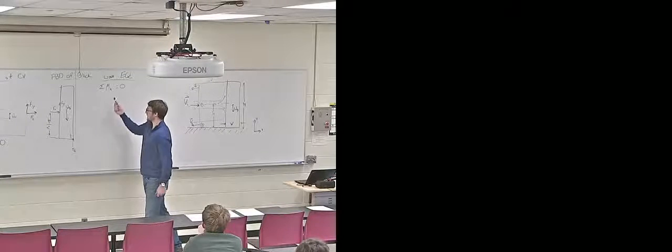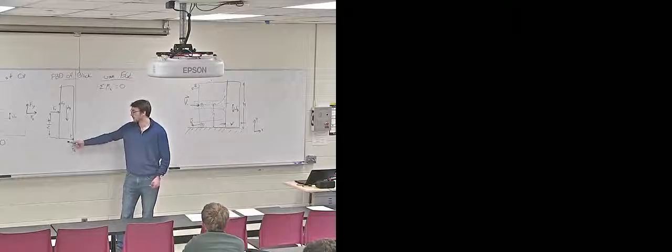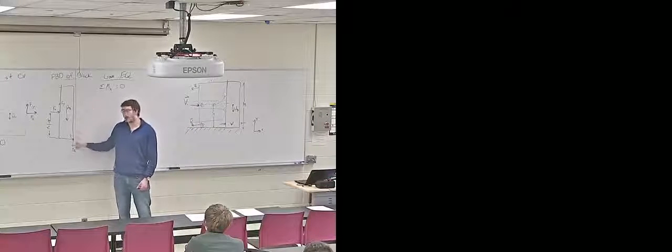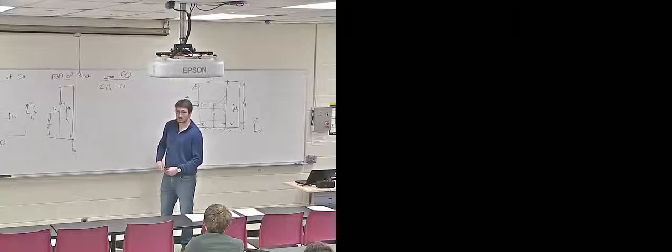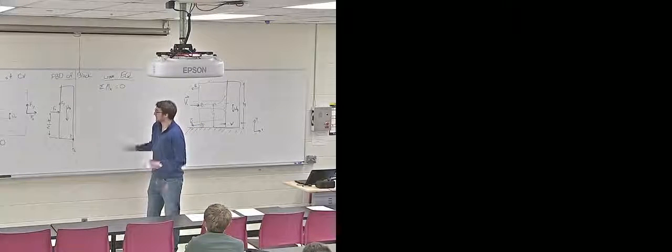This is the equilibrium tipping point, when the normal force is being applied through the rightmost point it can be. If the sum of the moments is equal to 0 there, that means it's balanced on this corner. So that's the division between it standing upright stably and it going timber.